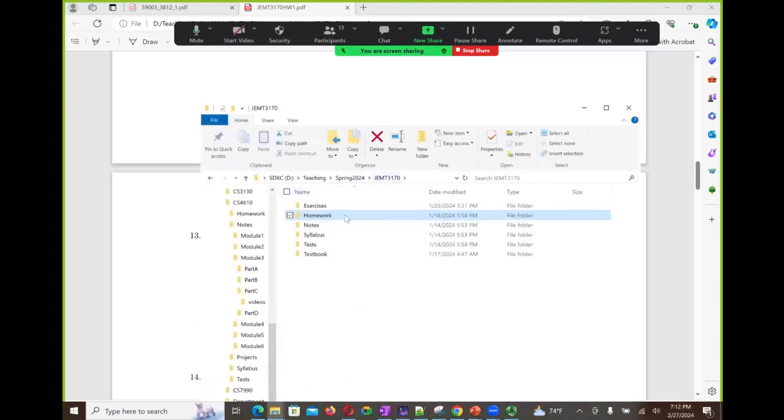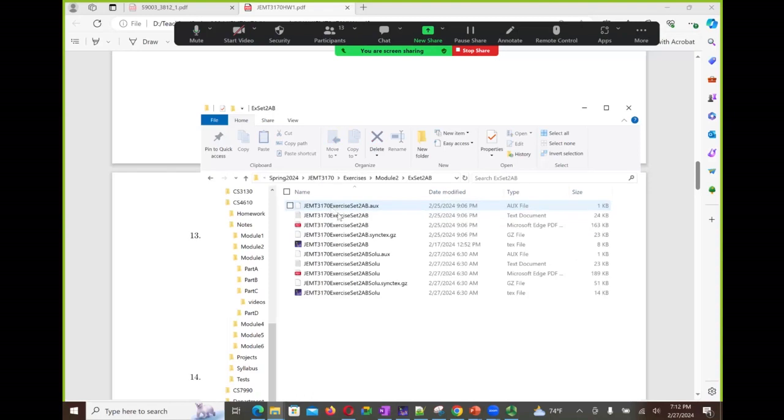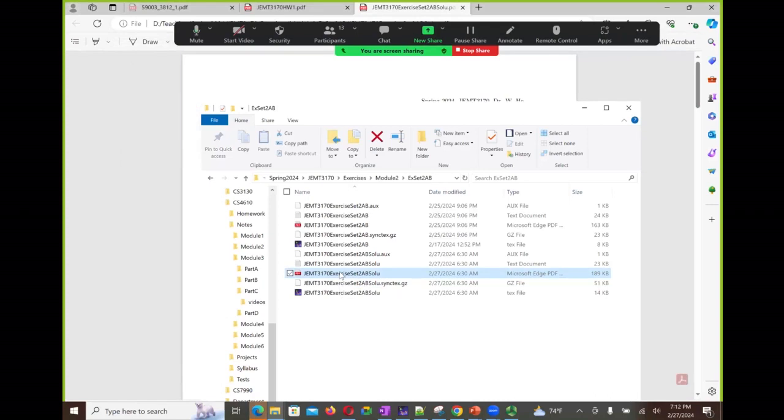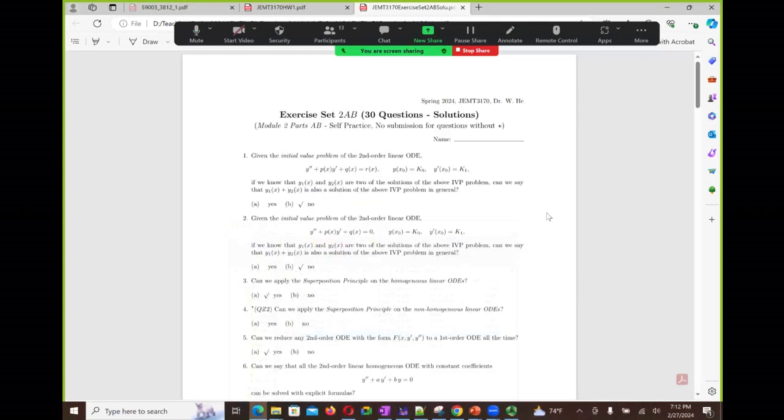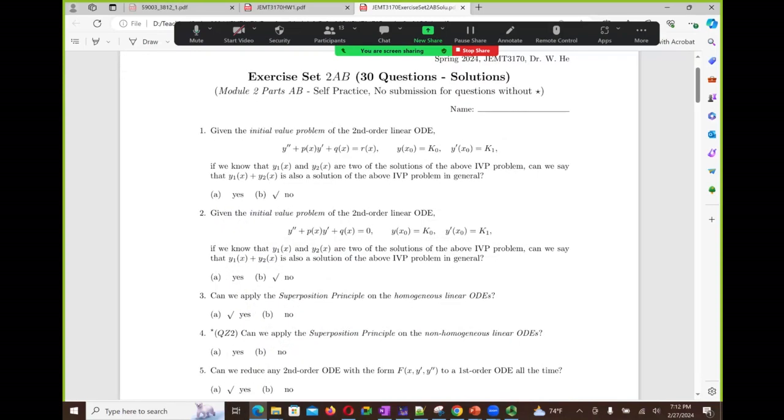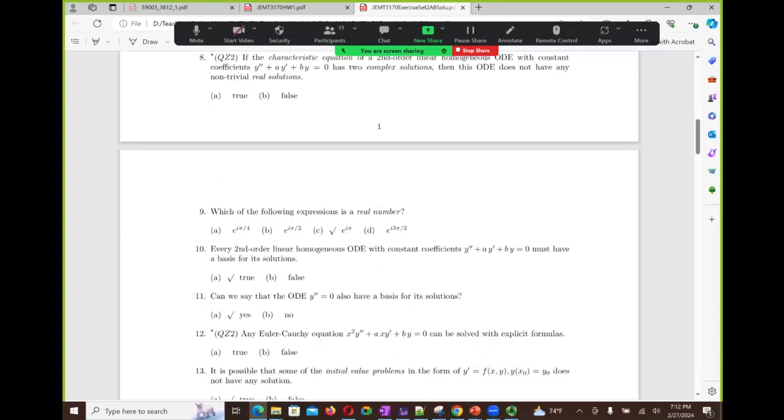You may not have had time to take a look. So here I show you one solution that is helpful. I hope you can download it. Here I open that PDF file, the solution file.